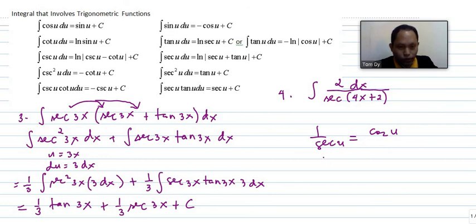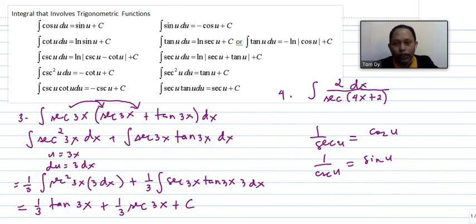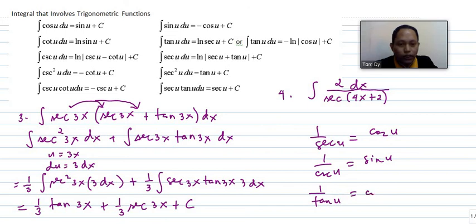Also, take note that 1 over cosecant u equals sine u. Also, we have 1 over tangent u equals cotangent of u.